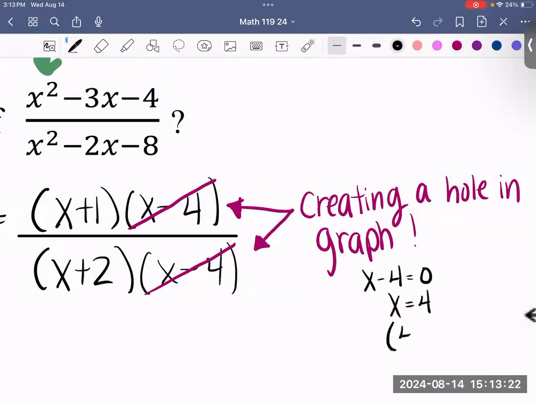This is the x counterpart of your hole. So then if we wanted to know the coordinate of this, we would just plug 4 back into the numerator and figure out what your y counterpart is, right? But for now, just tell me that there is a hole when x is equal to 4.